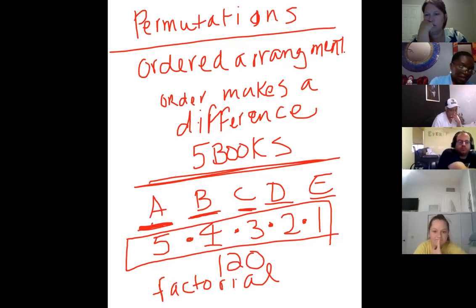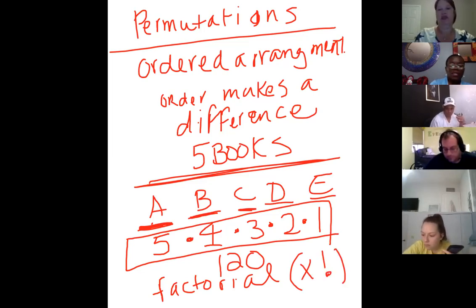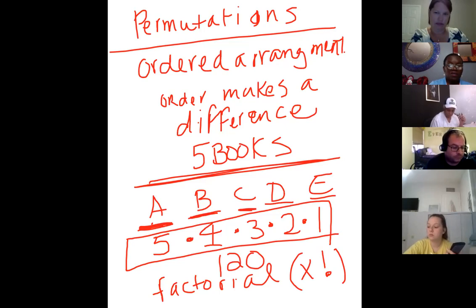Next. When we talk about a factorial, guys, this is one of the reasons I asked you to grab your calculators, because we're now going to use the calculator. The symbol we use for the factorial is the exclamation point, or exclamation mark. In the case of the 5 books, one of the easiest ways to do it is to use a factorial.